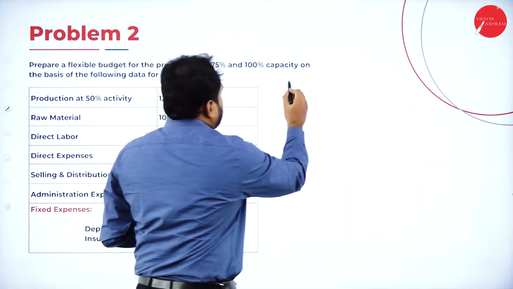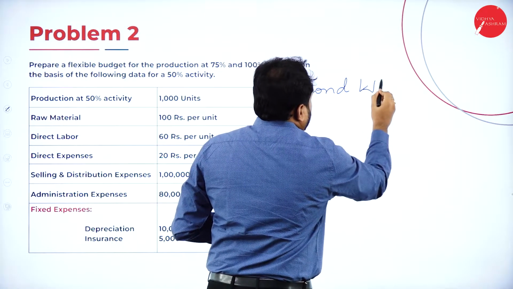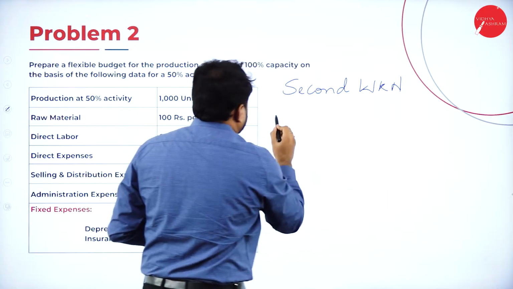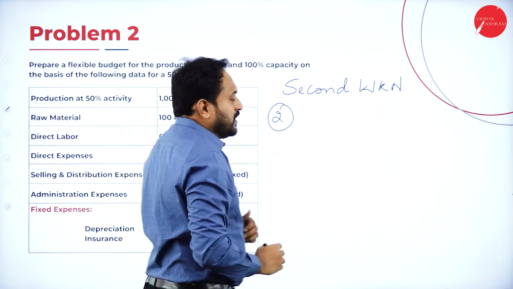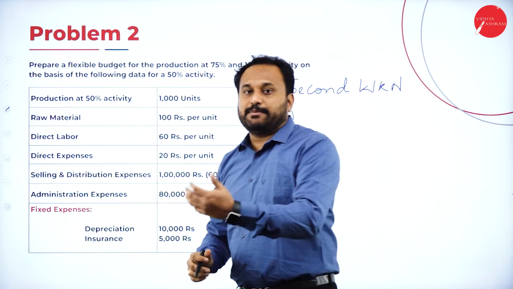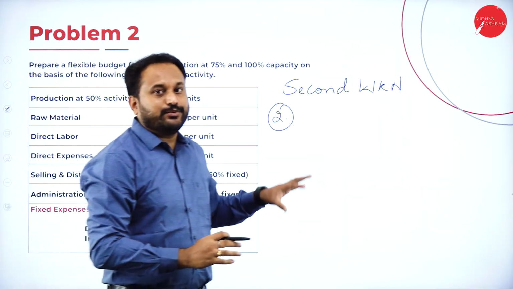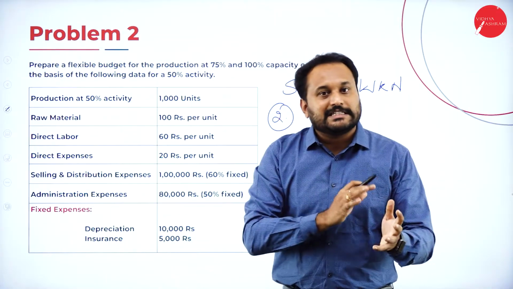Let's go with the second working note. What exactly is it? The minute we get something like semi-variable cost and semi-fixed cost, you people can easily judge which are the semi-variable and semi-fixed costs.